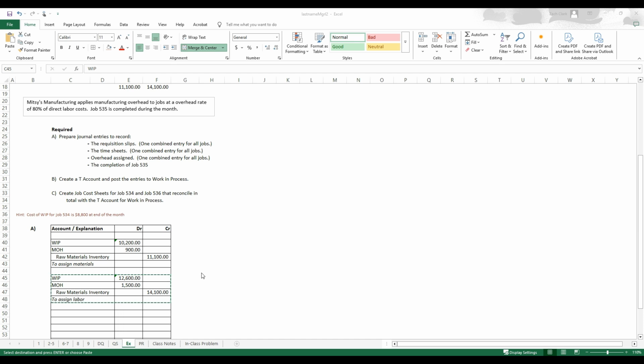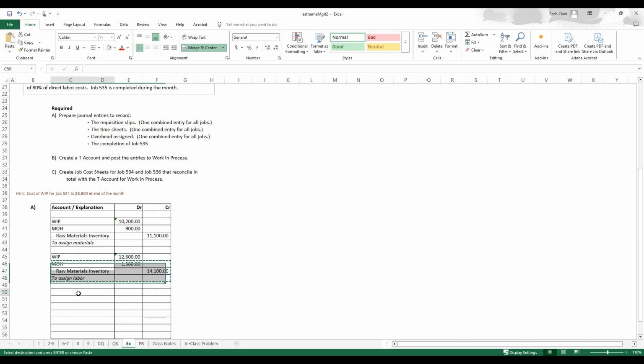Now we've got our direct materials, direct labor, and we've done some entries into overhead. But what we want to do in this next journal entry, and I'm just going to copy the bottom two, because just as a heads up, this will have only two lines, not three like these journal entries.